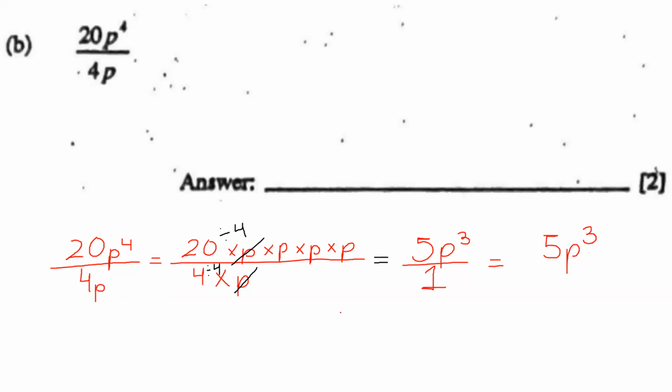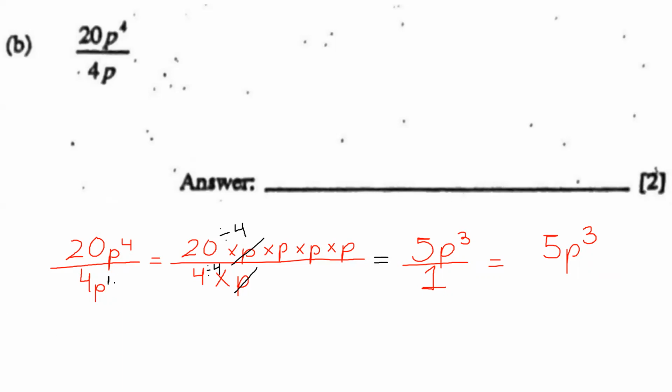Now there's an easy way to do this, because we know that we have 4p to the 4th and then p to the power of 1. We know that the power of this one is 1, right? So the rule says that if you have two terms with the same base and you're dividing them, you can subtract the powers.